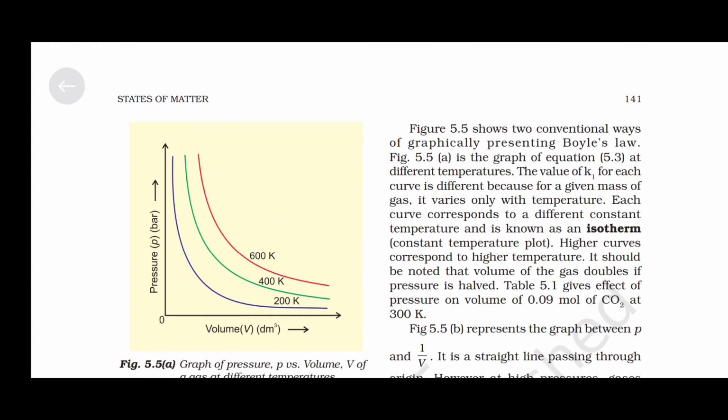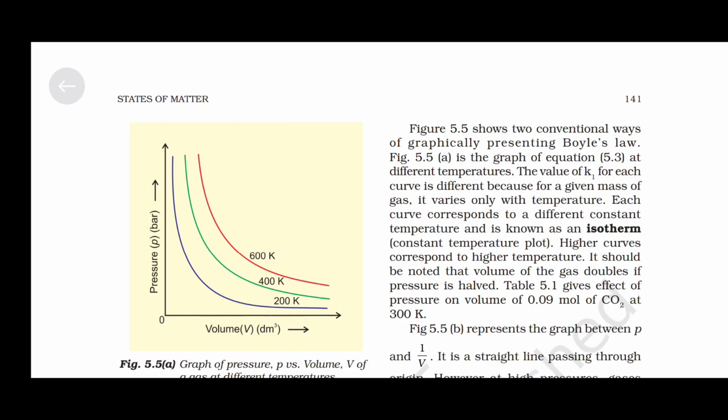Figure 5.5 shows two conventional ways of graphically presenting Boyle's law. Figure 5.5a is the graph of equation 5.3 at different temperatures. The value of k1 for each curve is different because for a given mass of gas, it varies only with temperature. Each curve corresponds to a different constant temperature and is known as an isotherm, a constant temperature plot.